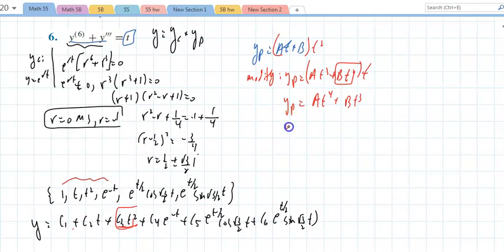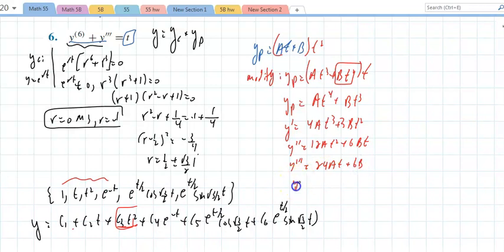Now I need 6 derivatives. 4at cubed plus 3bt squared. Y double prime will get 12at squared plus 6bt. Triple prime 24at plus 6b, and the fourth derivative will give me 24a plus 0, and everything after that is going to give me a 0.